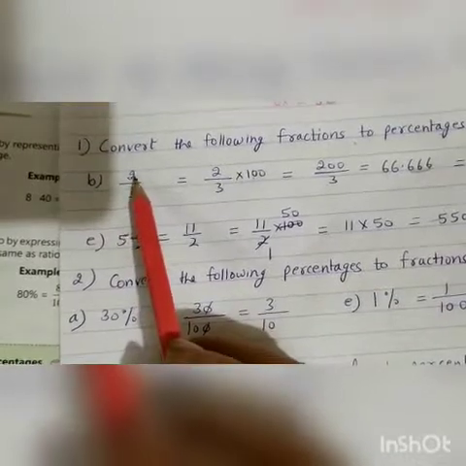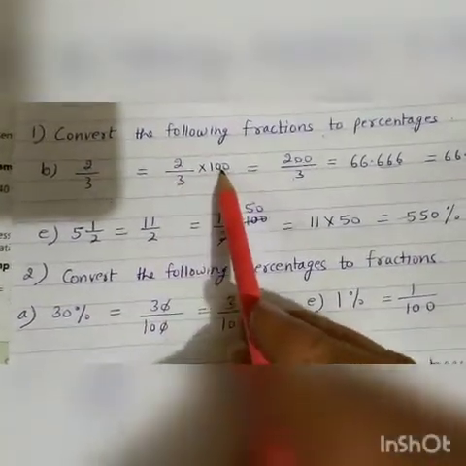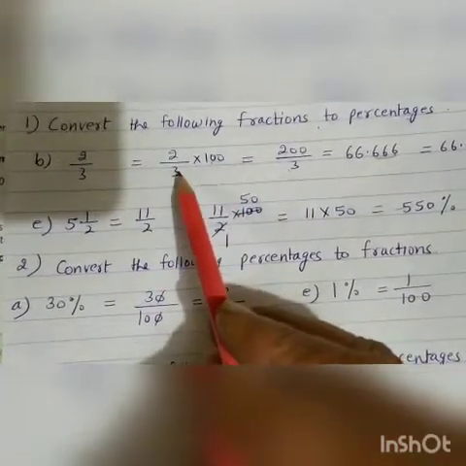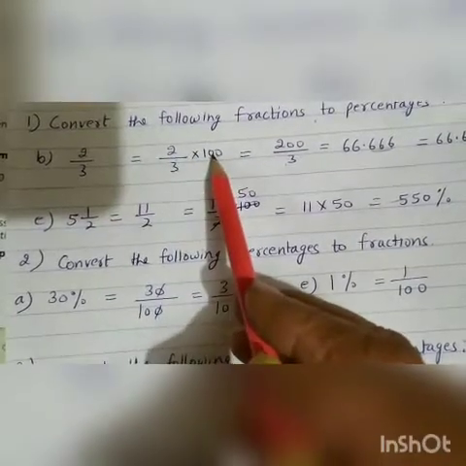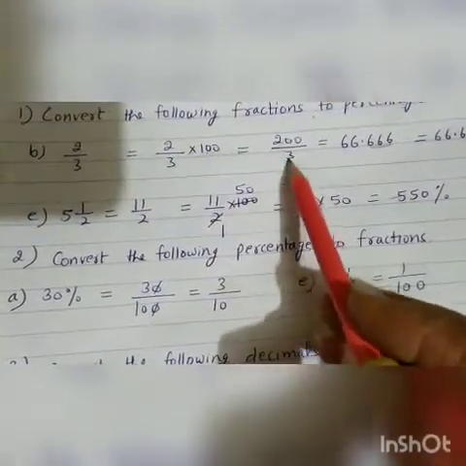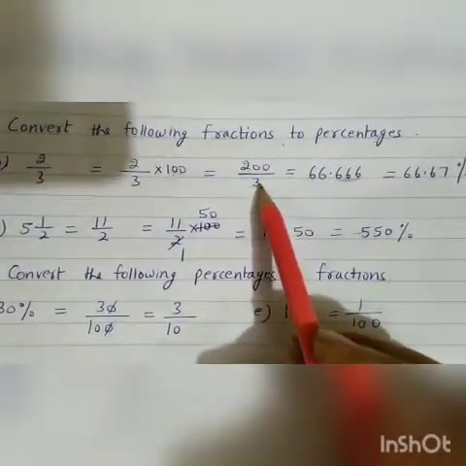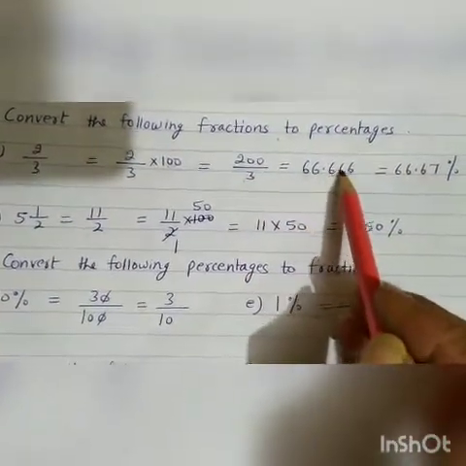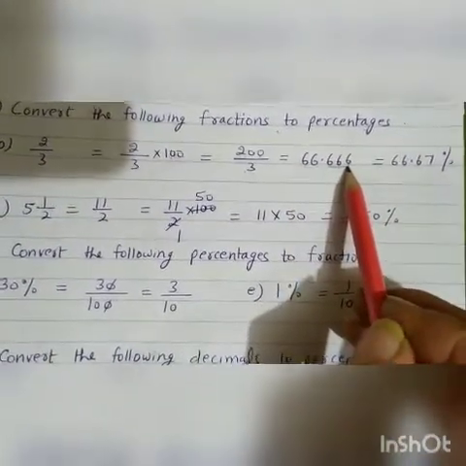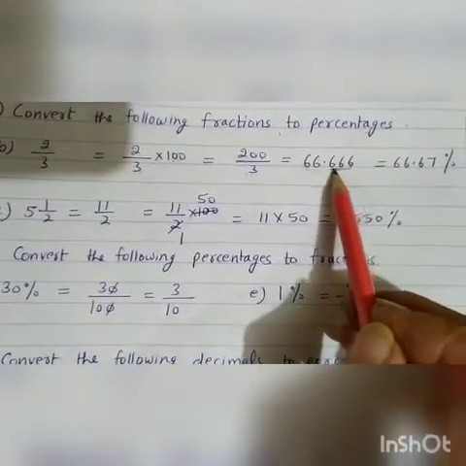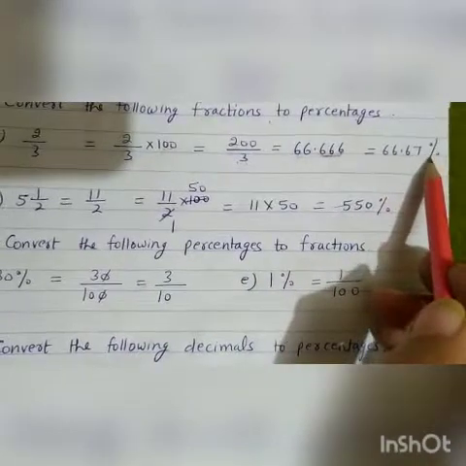Part B is the given fraction 2 upon 3. So 2 upon 3 will be multiplied by 100. Here 3 and 100 cannot be simplified. So we will multiply 2 by 100, 200 upon 3. Now we will divide this 200 by this 3. Then we get 66.666, and when we write this number up to 2 places of decimal, it will become 66.67%.